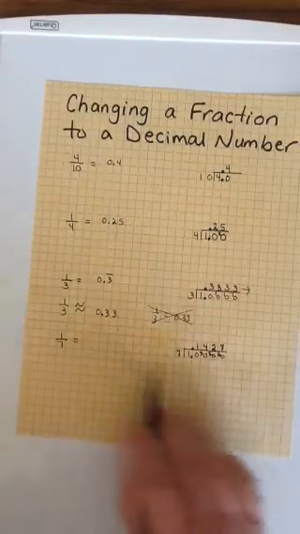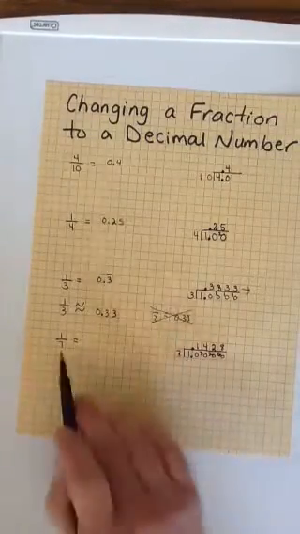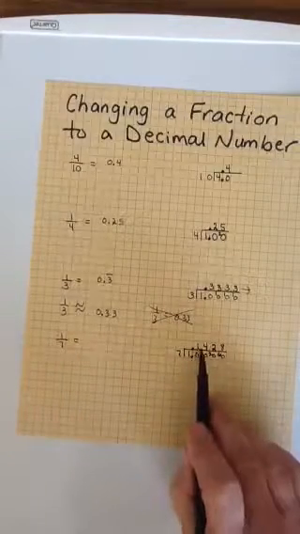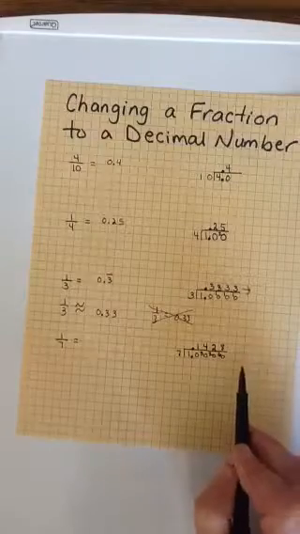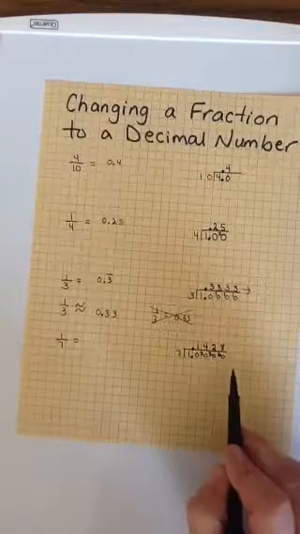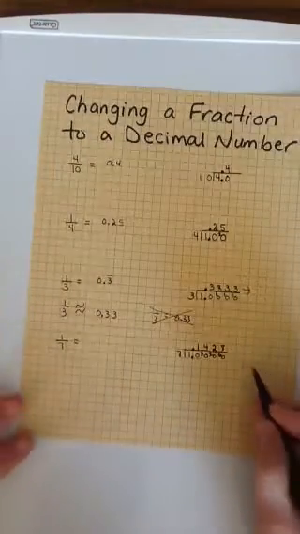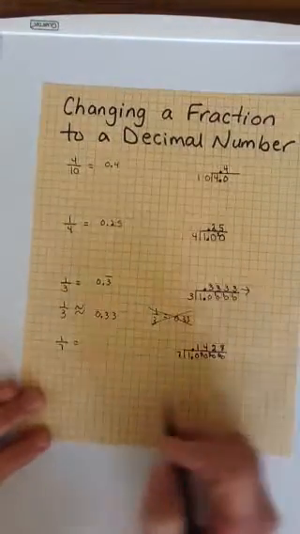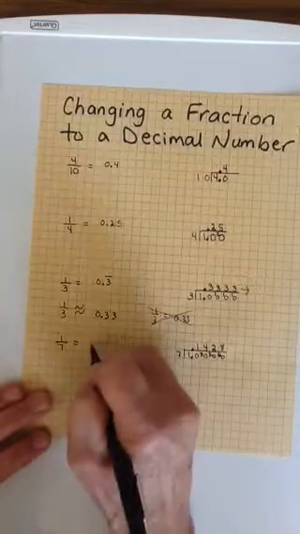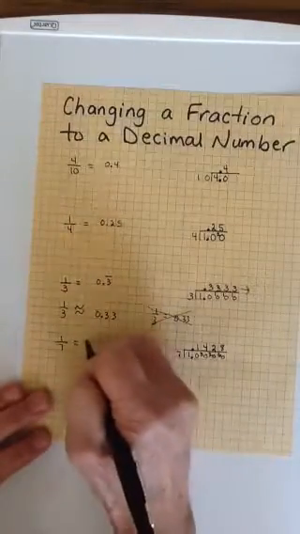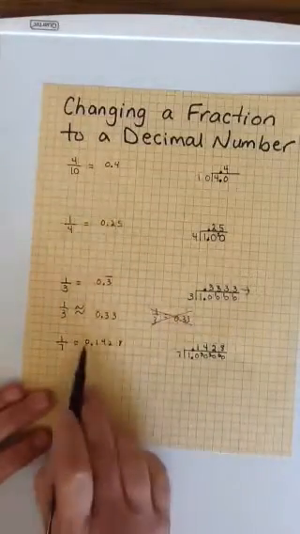So this is an example of changing a fraction to a decimal number where the division is not coming out even, and I don't want to keep dividing. So I can't just stop here and say that 1/7 is equal to 0.1428, because it's not.